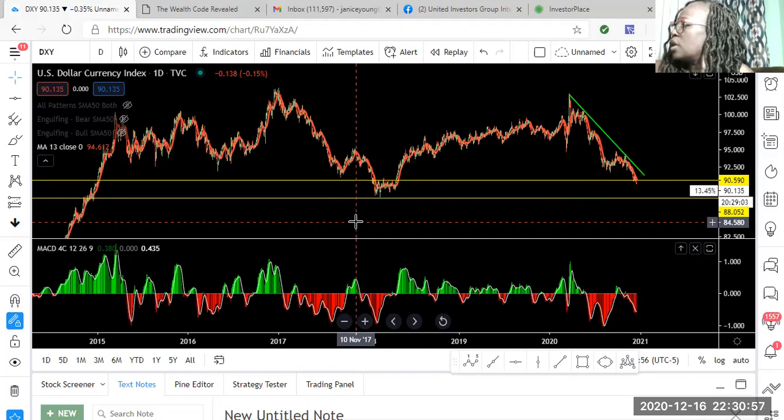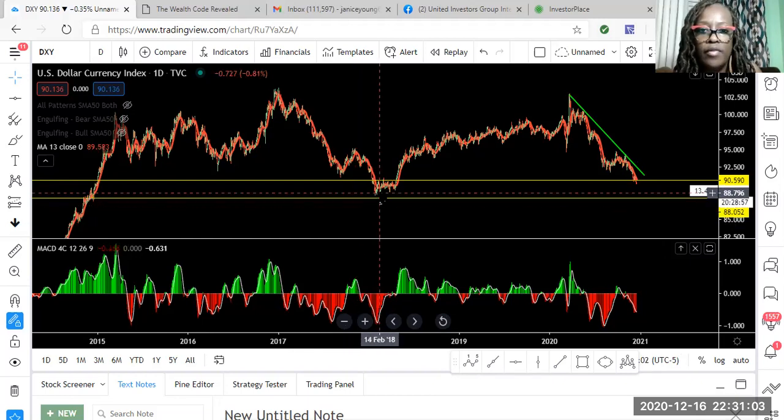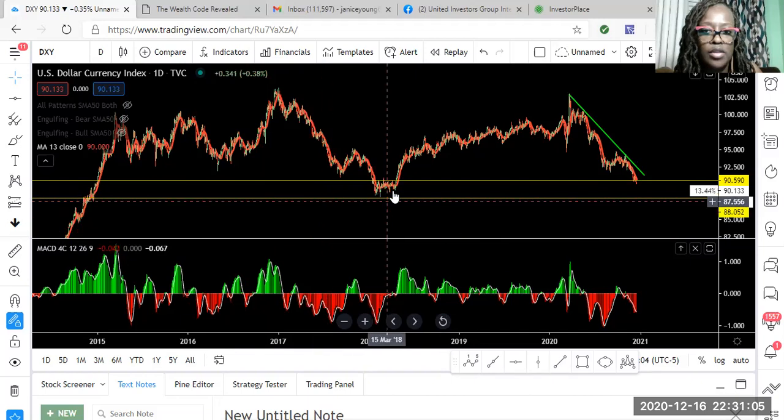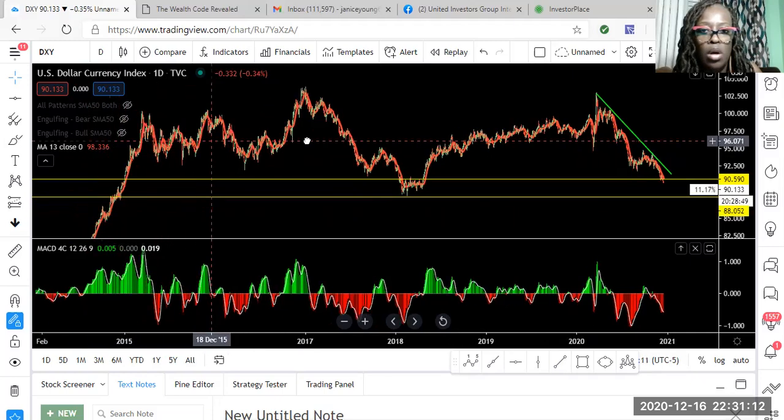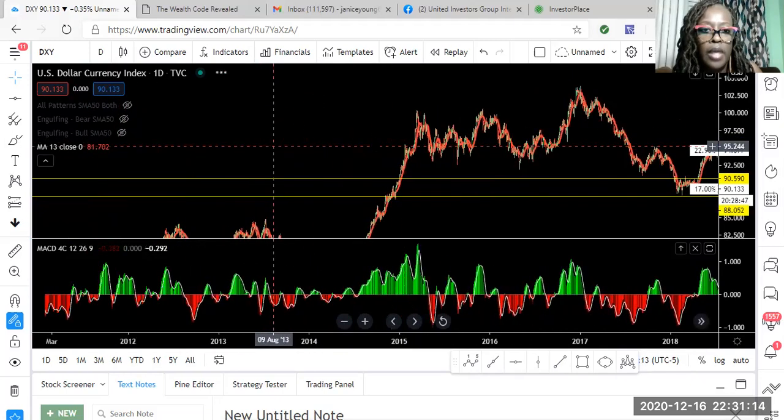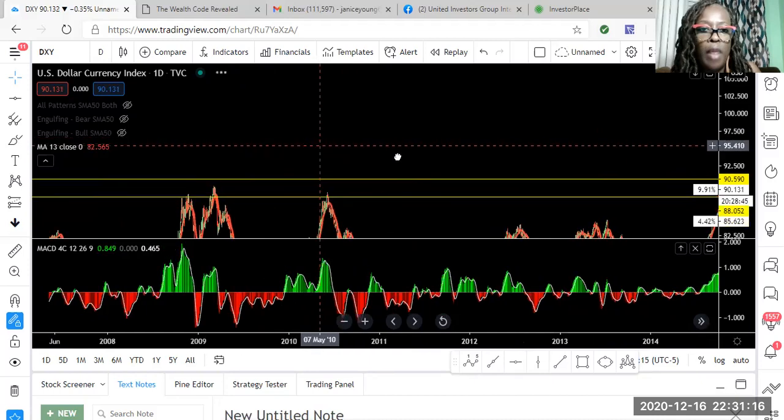It never fails, guys. I do apologize. But that's all I'm doing, right? So we have a touch on the line right there for that support line. And we definitely have some action right in this area as well on the daily. Now, it's not necessary to go too far back.